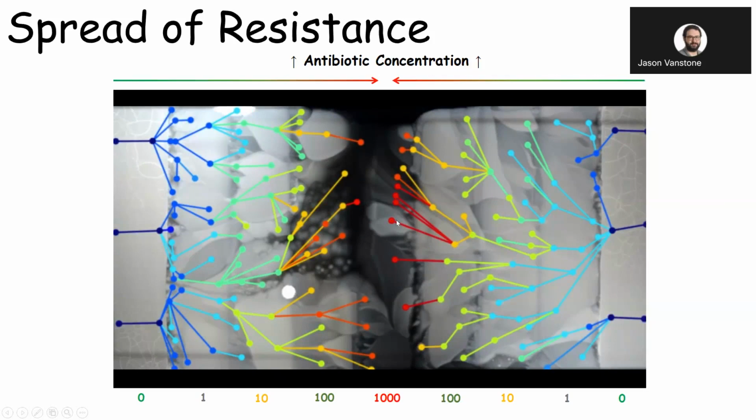But the bottom line is the bacteria that are living here, we've been able to watch them evolve so that they are now basically 1,000 times more resistant to antibiotic than their ancient relatives all the way back here. So we've been able to watch this happen in real time. We've seen bacteria go from having no resistance to developing and increasing that antibiotic resistance as we watch this plate develop.